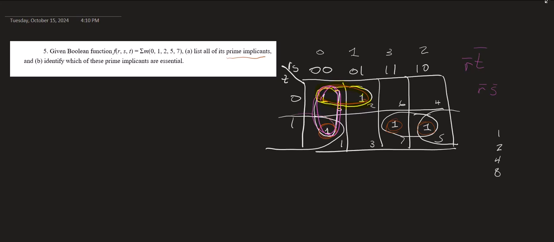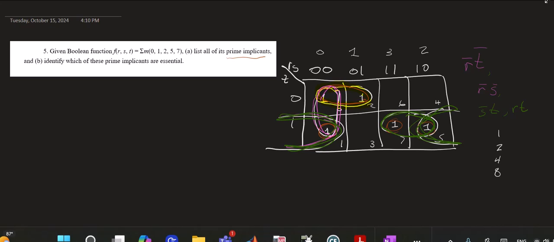And then for this one, that has S 0 and T 1. And this one has R 1 and T 1. So those are our prime implicants because they are not completely contained in any other implicant.